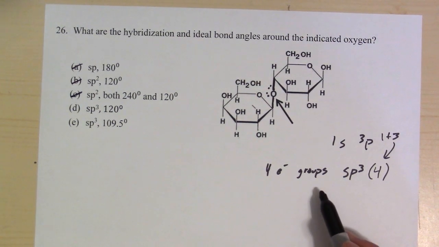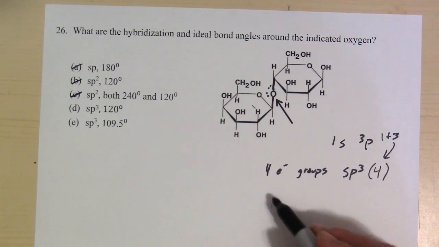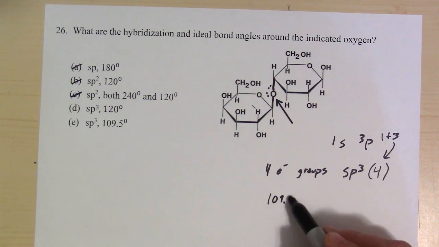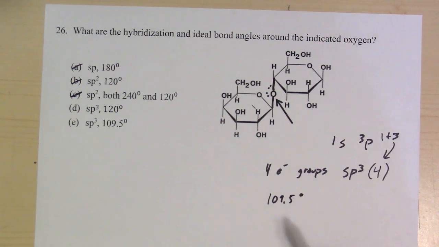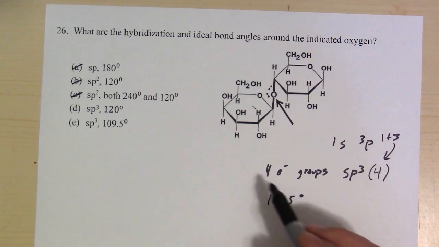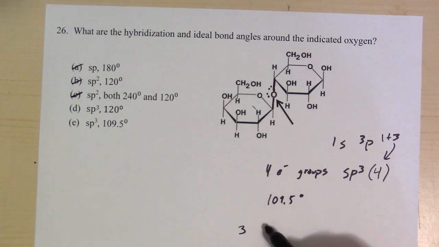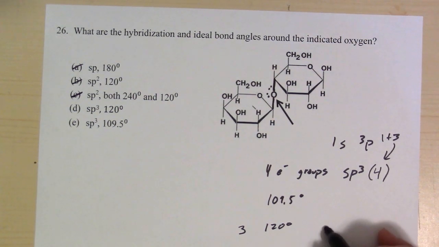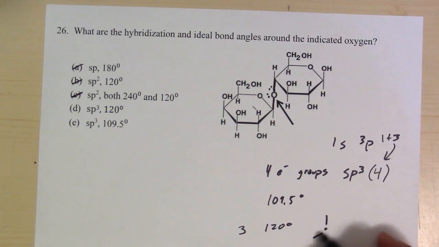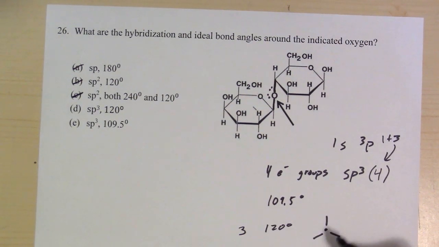When you have 4 groups, that is when you have the 109.5 degree bond angle. 3 groups would give you 120. 2 groups would be 180. So there's your central atom. Your 2 groups would be directly opposite. 3 groups, they're arranged in a triangle with 120 degrees in between.